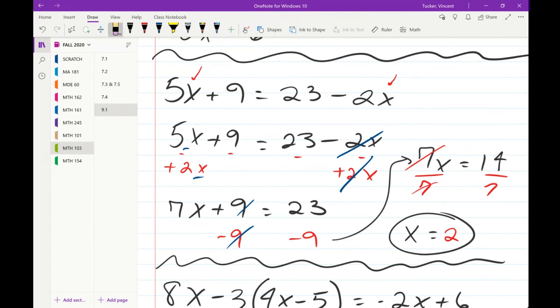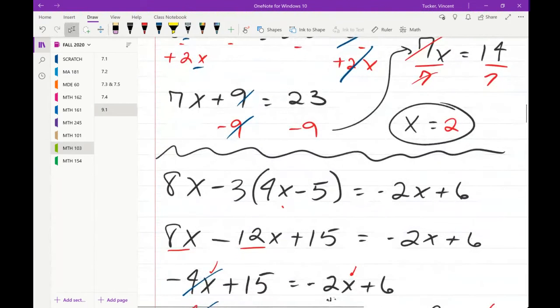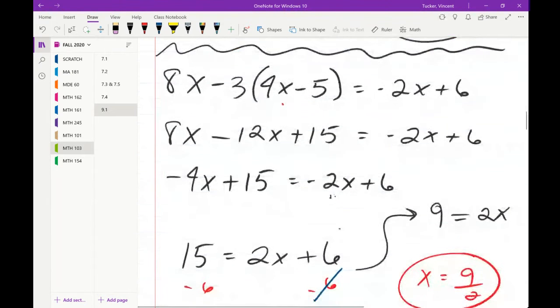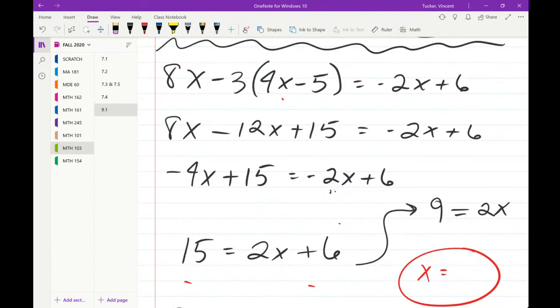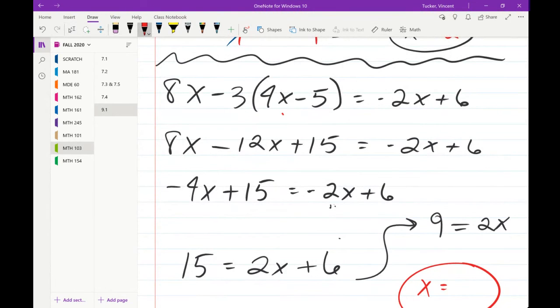All right, let's look at the next one. All right, so we have 8x minus 3 times the quantity of 4x minus 5 equal to negative 2x plus 6.